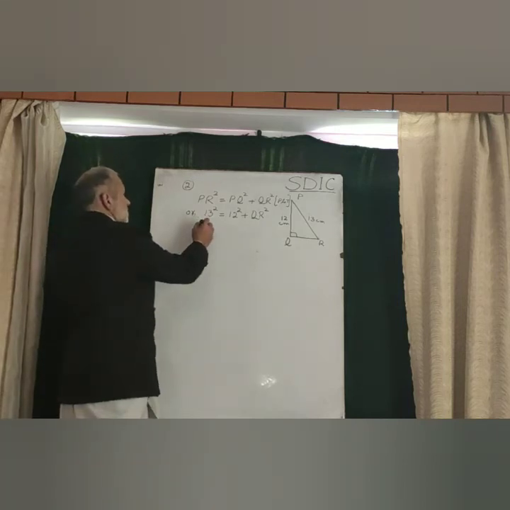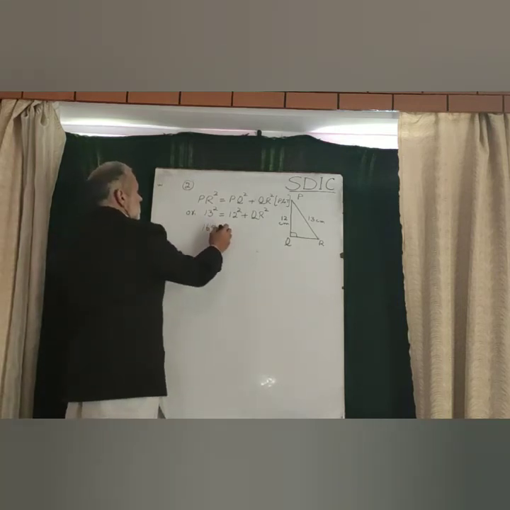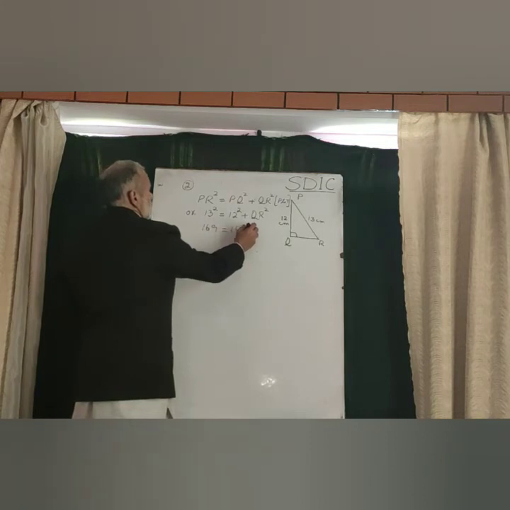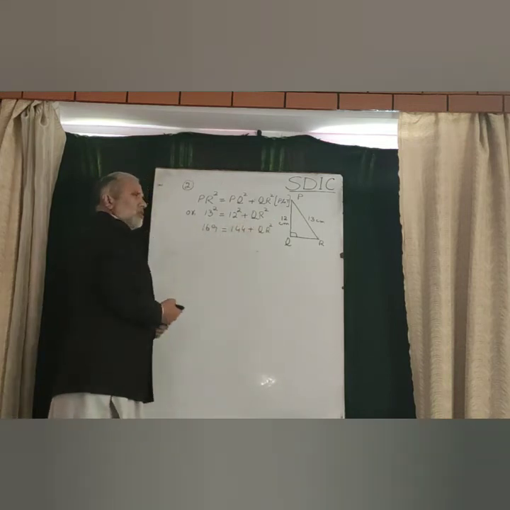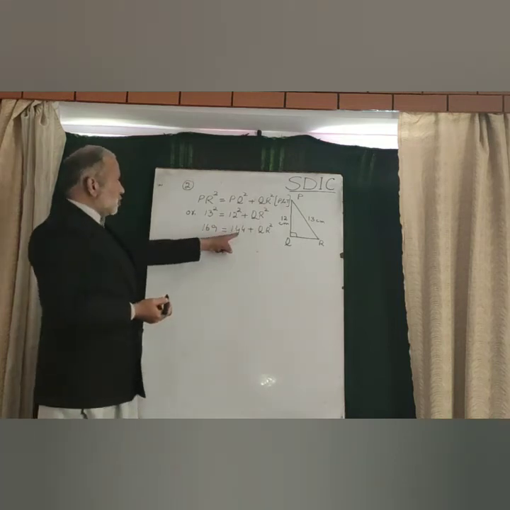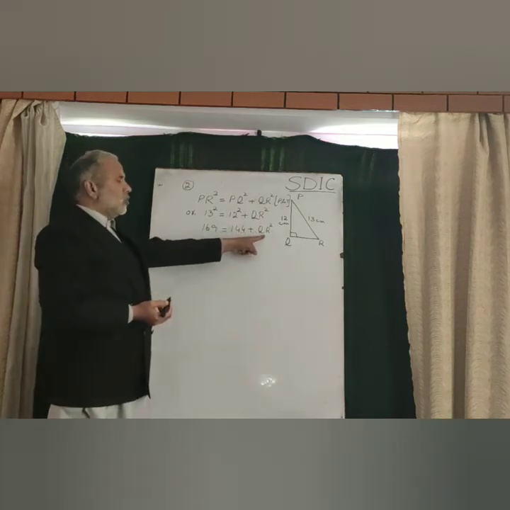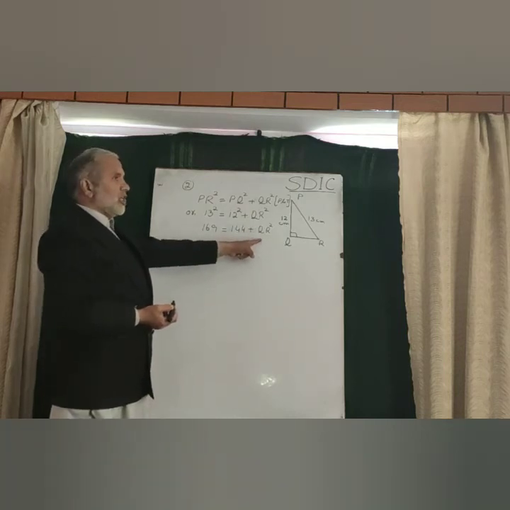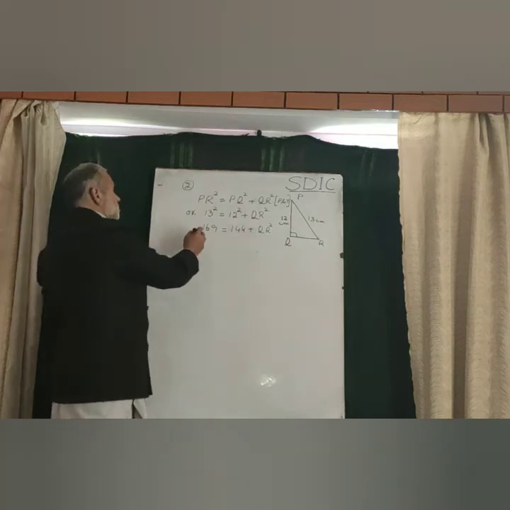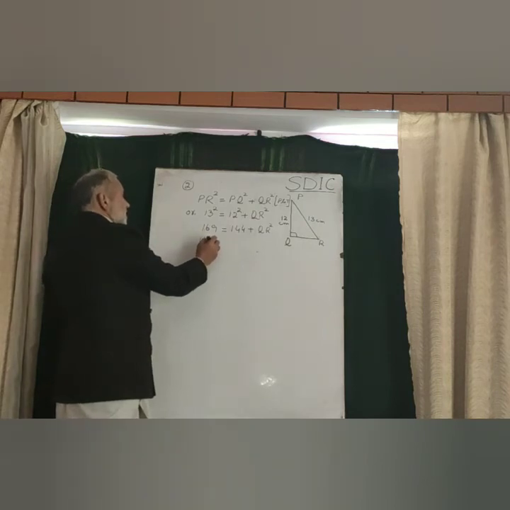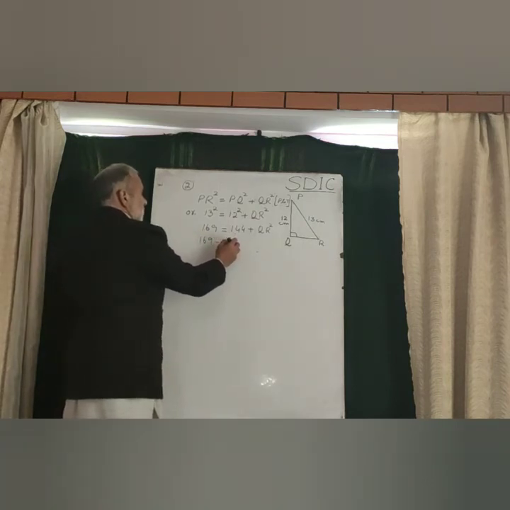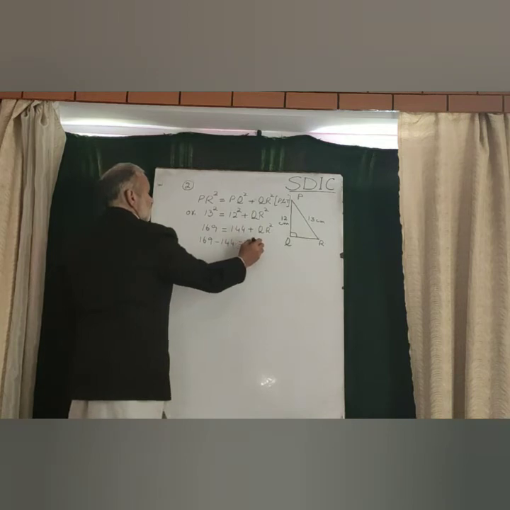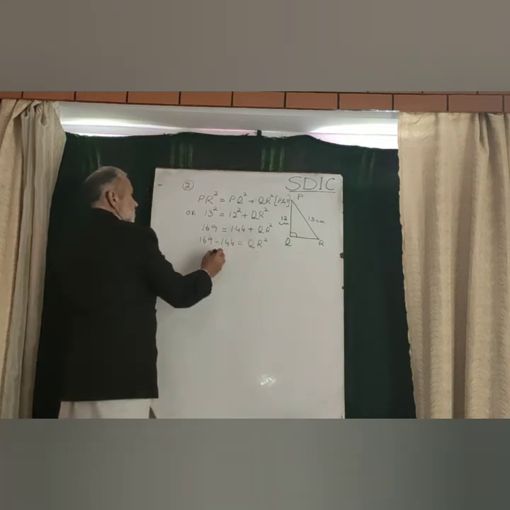Simplifying, 169 is 144 plus QR square. To solve this further, you will have to transpose this 144 to isolate QR. We have to find QR. It should be isolated first. 169 minus 144 is equal to QR square. Subtract these. 25 is equal to QR square.